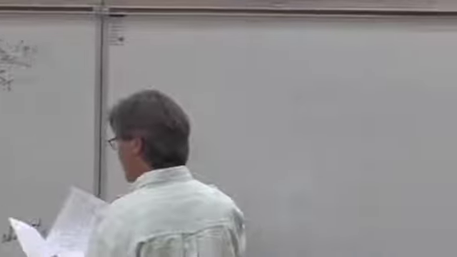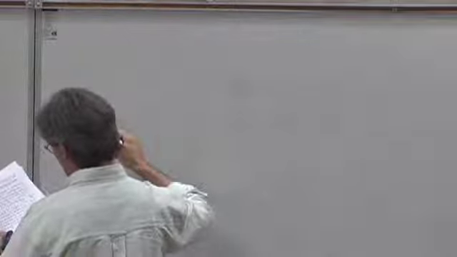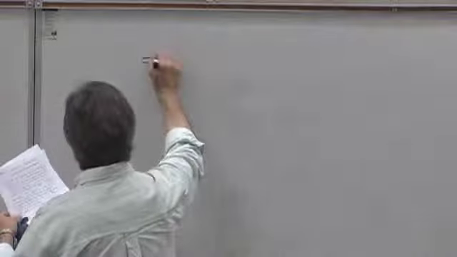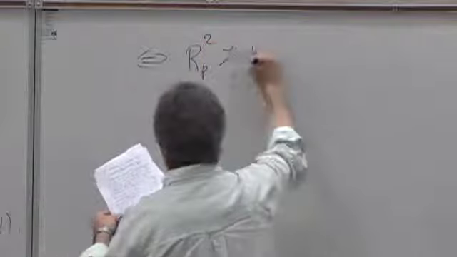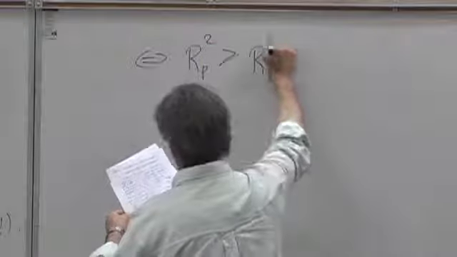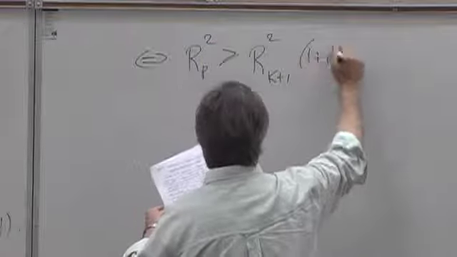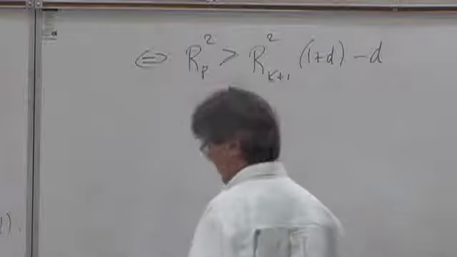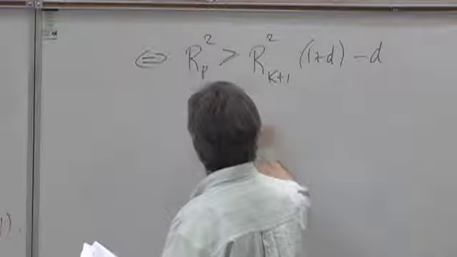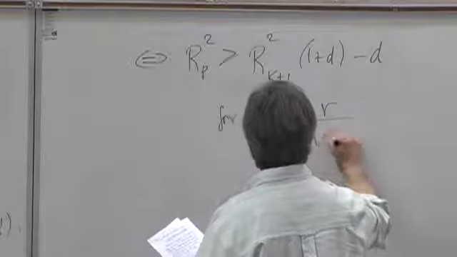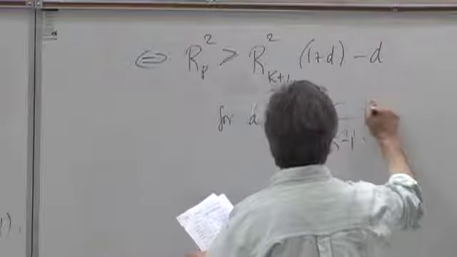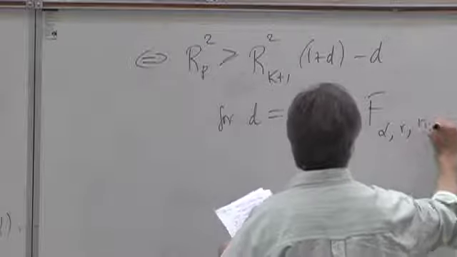I didn't put very many details in here. This turns out to be equivalent to R squared P greater than or equal to R squared K plus 1 times 1 plus D minus D, for D equal to R over n minus K minus 1 times F alpha, R, n minus K minus 1.